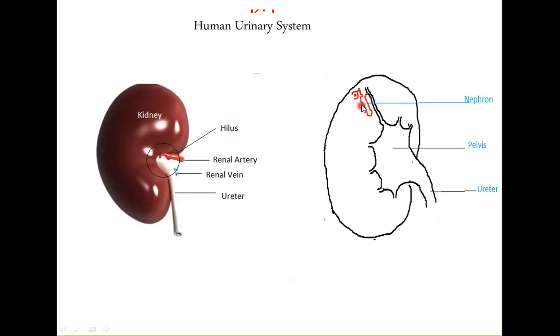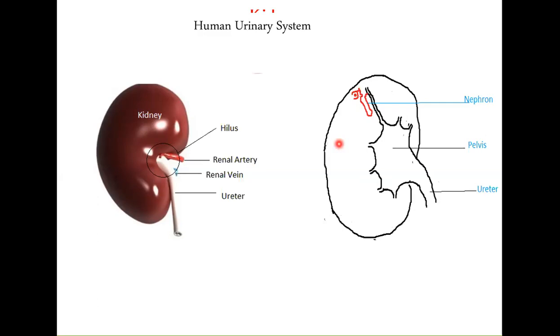You can see here in this diagram, this red coil tubule. These are the functional units of the kidney called nephrons. In human being, there is a pair of kidneys which are composed of millions of functional units called nephrons.